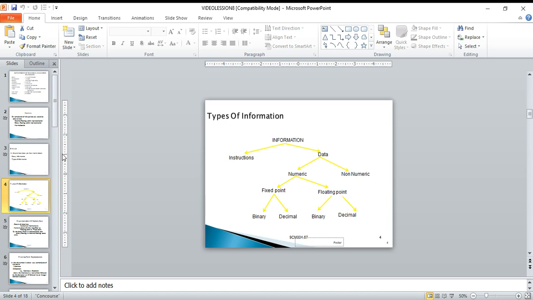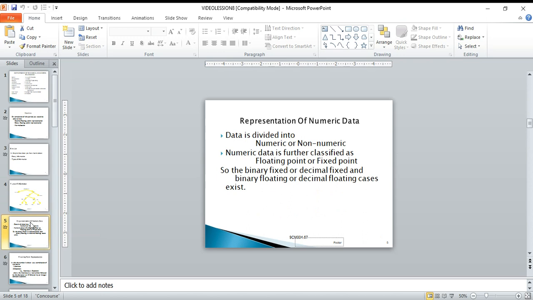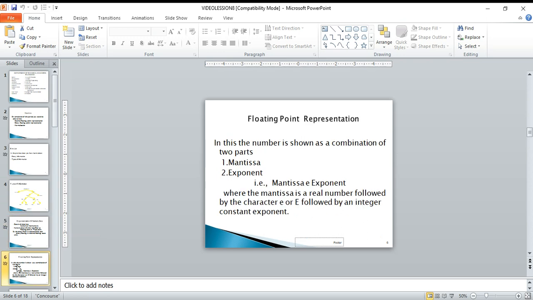If you understood the fixed point representation, then we can easily understand what a floating point representation is. So now we come to the floating point representation. Here in floating point representation, the point cannot be fixed at one position, so we call it the floating point representation.